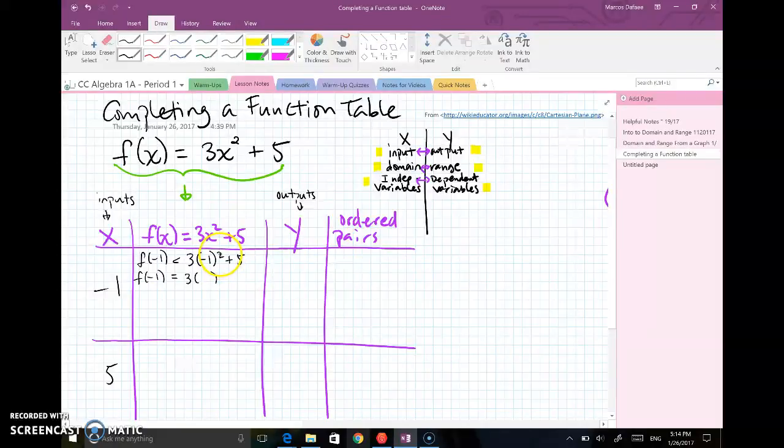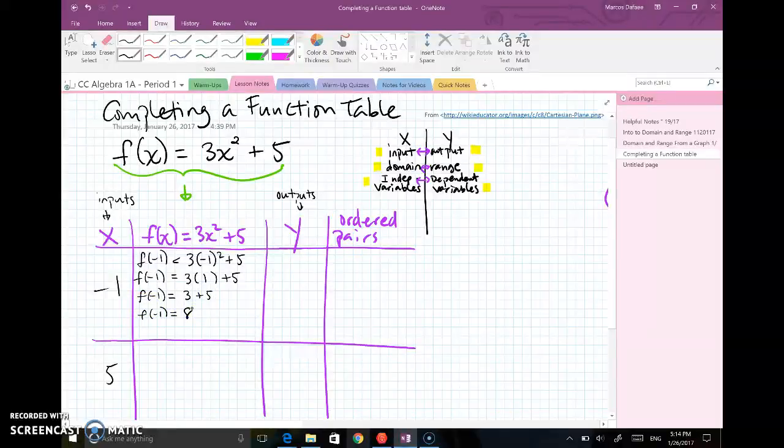As a side step, this doesn't mean -1 times 2. No. It means -1 times -1. It means that you have two -1s. And what you get is a +1. So now I have f of -1 is equal to 3 plus 5, which now gives me an 8.